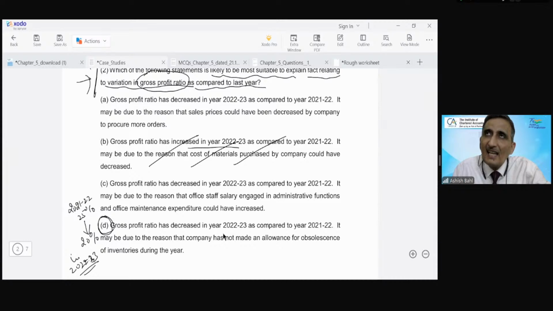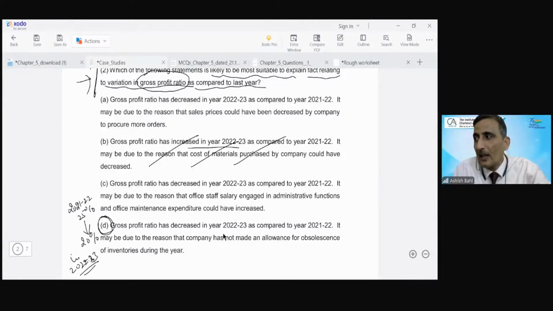Pranav, the mistake which you have made is written in your answer itself. You are saying that because the company didn't make an allowance for obsolescence of inventory, it may be overstated, right? This logic is right. So when inventories would be overstated, what would be its impact on gross profit ratio?